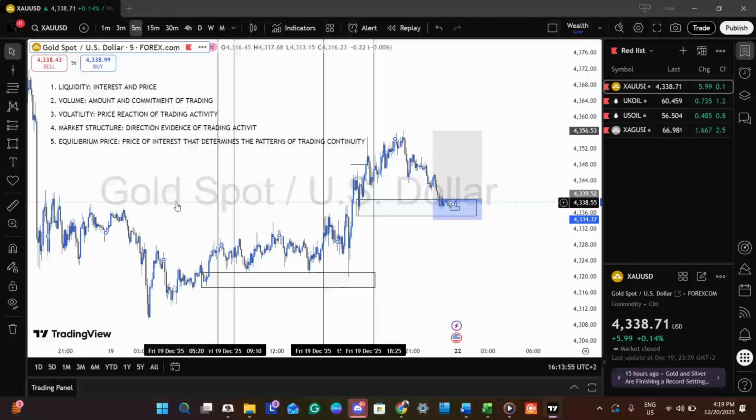After liquidity sweeps, we're now trying to look for liquidity pools above or below liquidity sweeps to establish a liquidity pool from an order block that now becomes a price area that confirmed trading activity from either buyers or sellers.